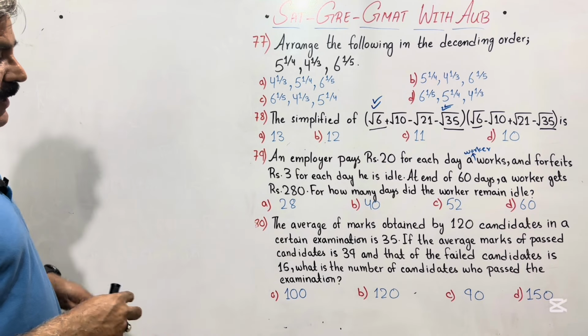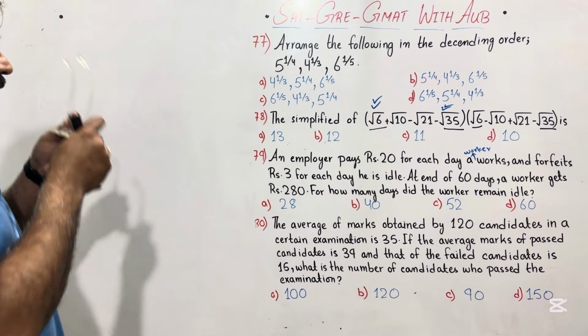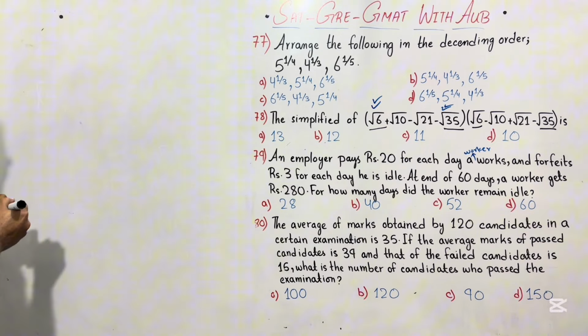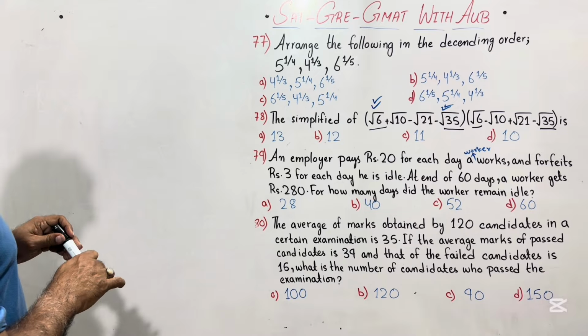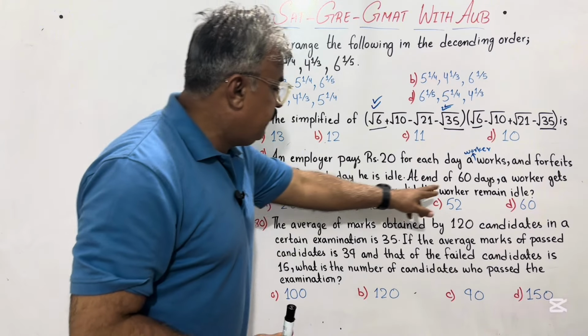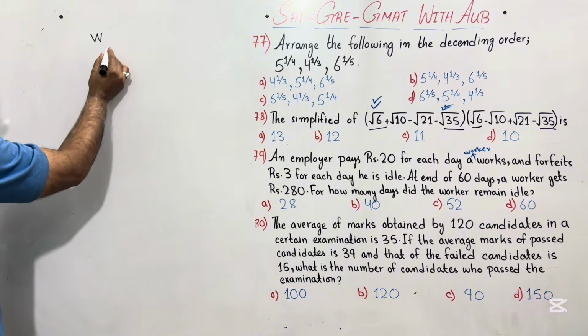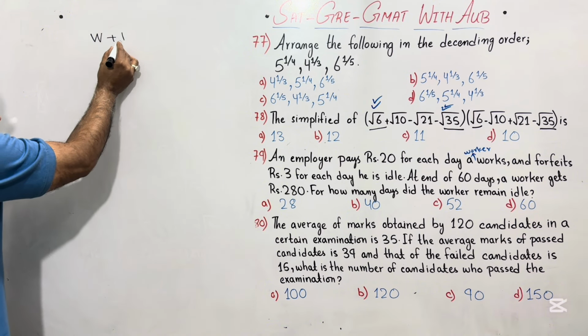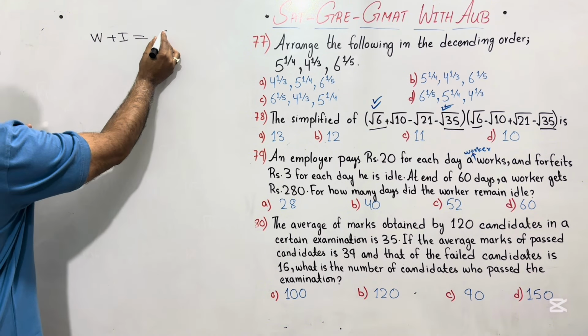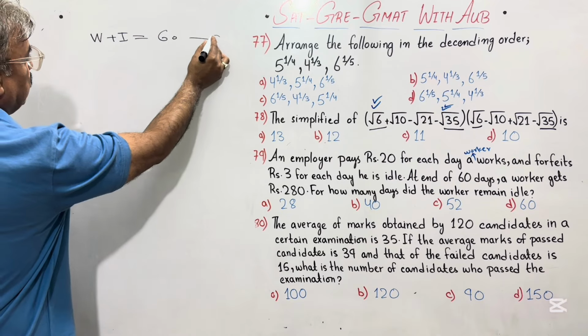For how many days did the worker remain idle? Total number of days that we have been given is 60. W stands for worker works, I for idle, not working. Total days are 60. Equation number 1.